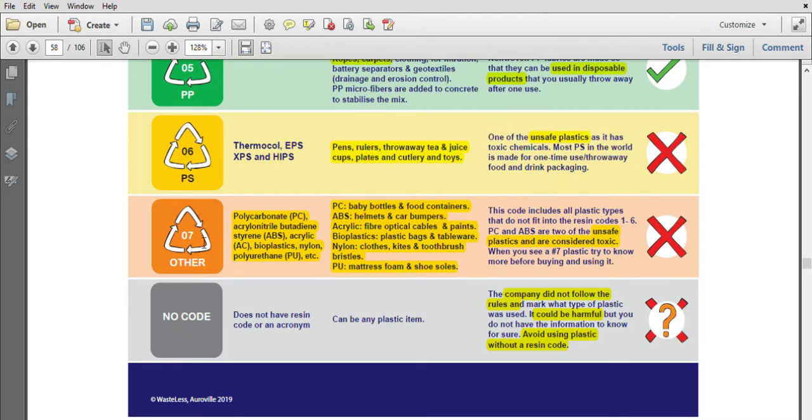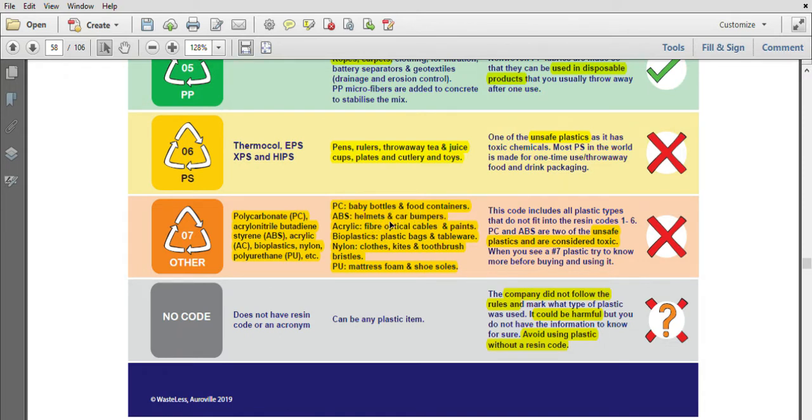Resin code 7. Other plastics like polycarbonate, acrylonitrile butadiene styrene (ABS), acrylic, bioplastic, nylon, polyurethane or other plastics. PC is used to make baby bottles and food containers. ABS is used to make helmets and car bumpers.